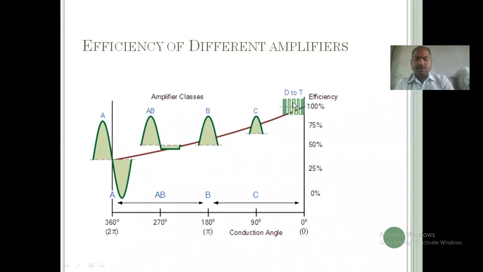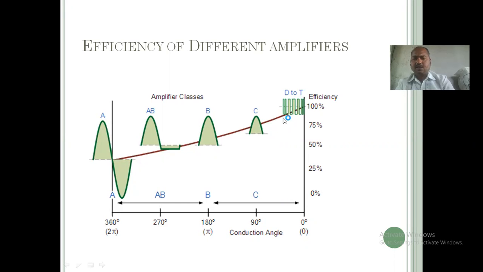In case of class D, whatever signal is transmitted by your transistor is developed as a digital signal. A digital signal is made of small pulses, also called impulse pulses.